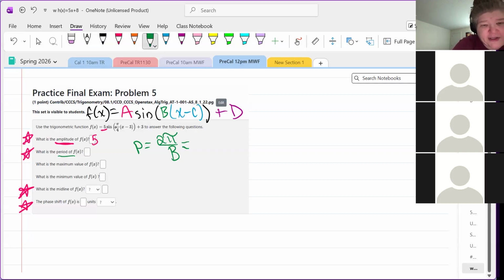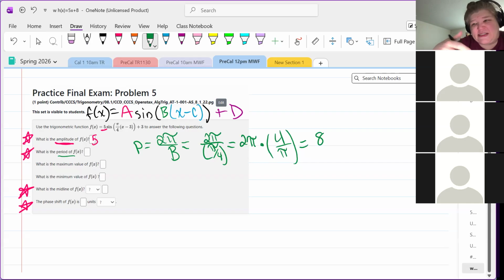So for our particular graph, 2 pi divided by b is 2 pi divided by pi over 4. That is 2 pi times the reciprocal, 4 over pi. And then the pi's cancel, so we just have 2 times 4 is 8.